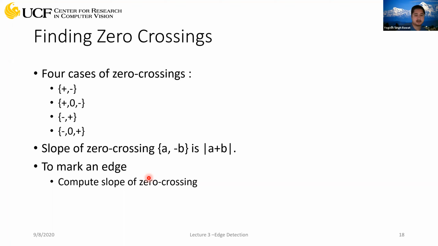If it's not that high, it will not be a zero crossing. Earlier when this filter was proposed, it was a big deal that they said they don't need any thresholds, which was required for first order derivative to figure out whether this is a maxima or minima. But eventually they were also using this threshold to find the slope. It's just that it's less sensitive to noise, so it was performing better.